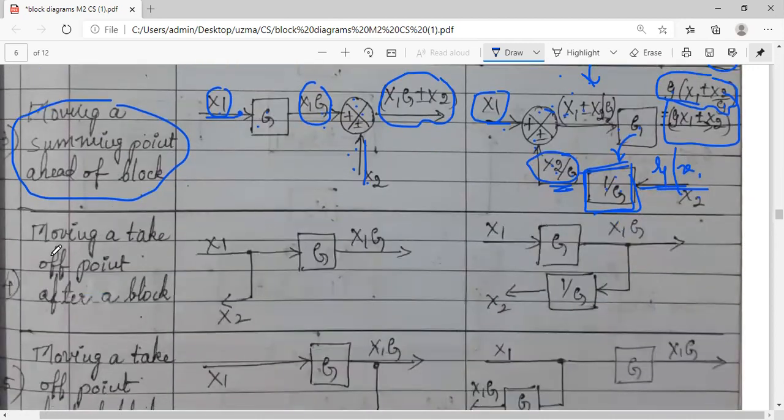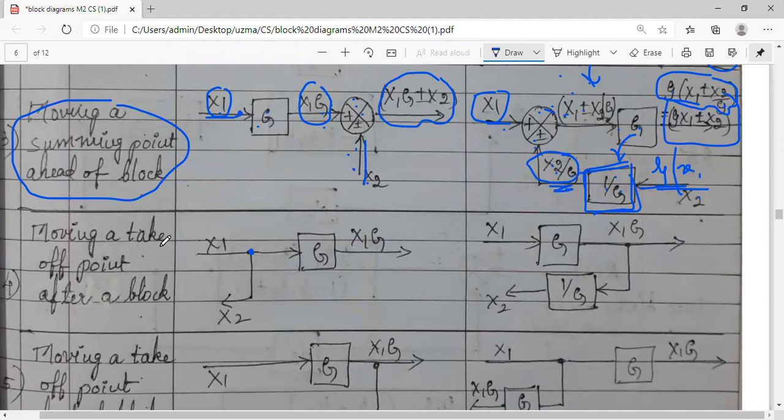Now coming to the next, moving a takeoff point after a block. So what is a takeoff point? It is the common point where the signals are meeting or signals are getting diverted. You have even studied in your network theory some node analysis, right? Those nodes, the points where the current divides. So we can take such points as the takeoff points.